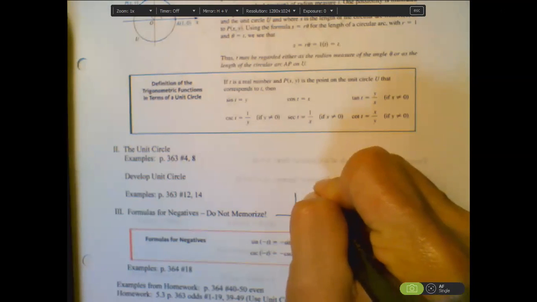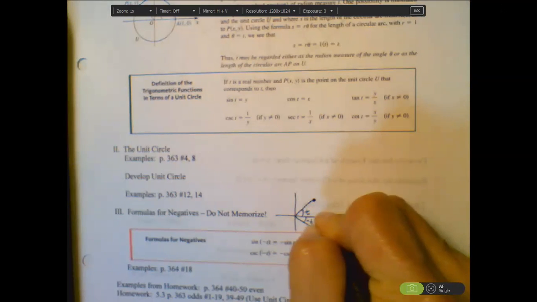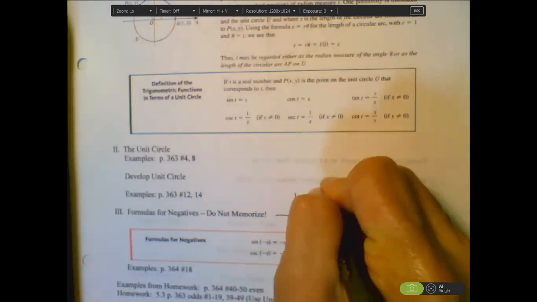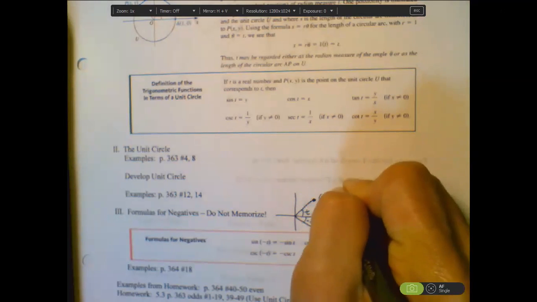What stays the same about both of these points? Do they have the same x coordinate or do they have the same y coordinate? Same x. Yeah. If this is the ordered pair (x, y), then what is this ordered pair?